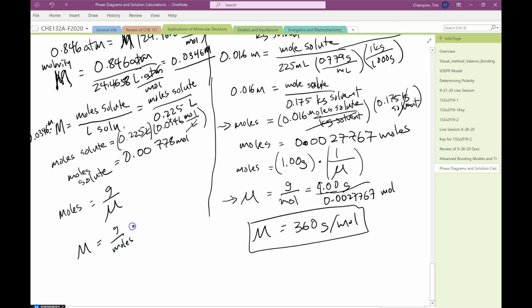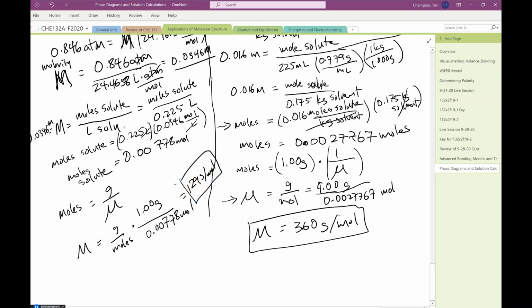And we know from the problem we have 1 gram of our substance. We know from our calculation that we have 0.00778 moles of our substance. And so if I do that calculation, I get that my molar mass is around 128.53. So I would say 129 grams per mole if I were confined to 3 sig figs, which I think I am.